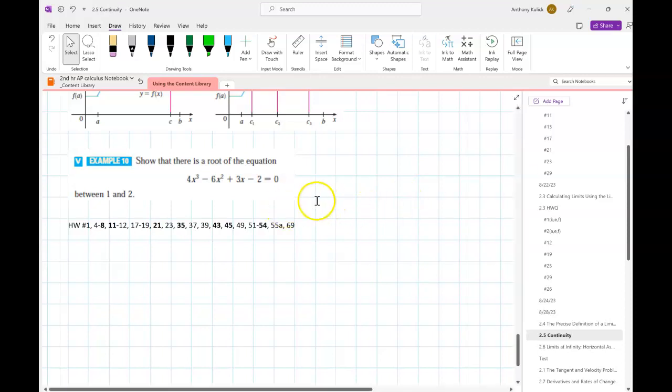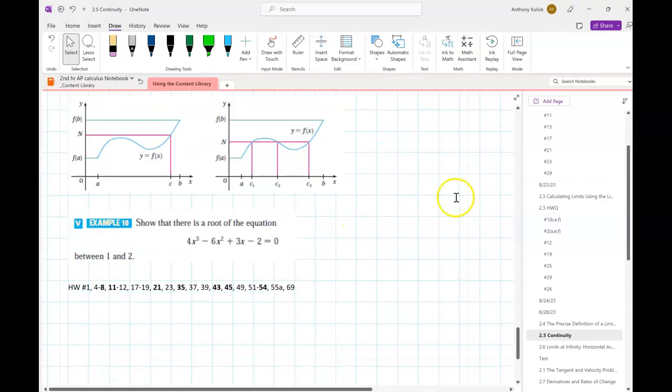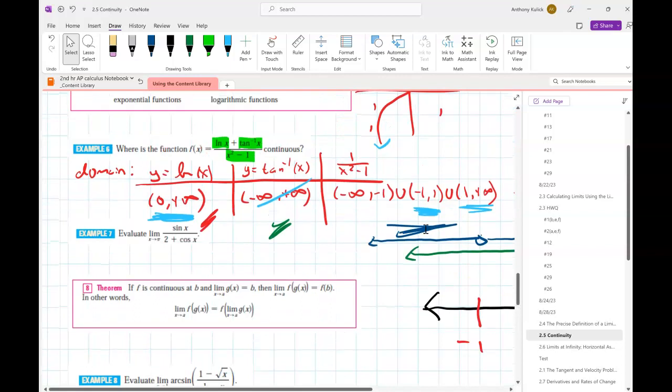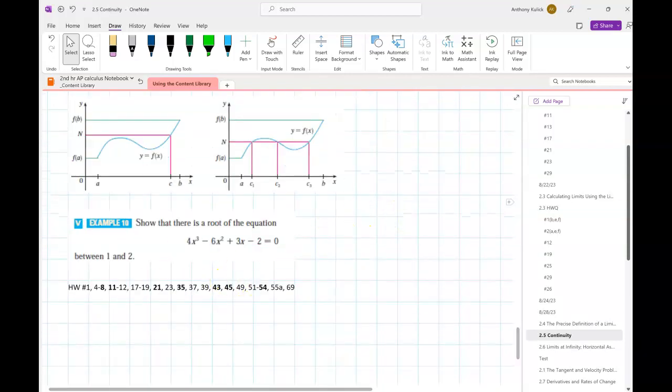So we still have a little bit more to do, which is fine. But I think we can do up to like 49 is all still good.